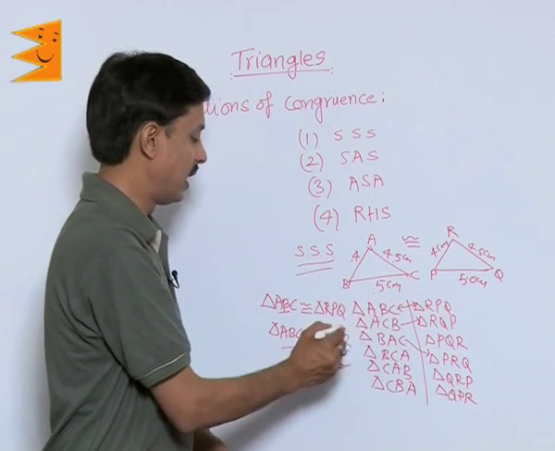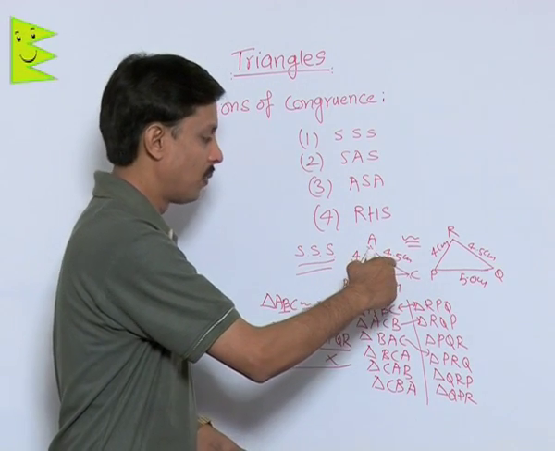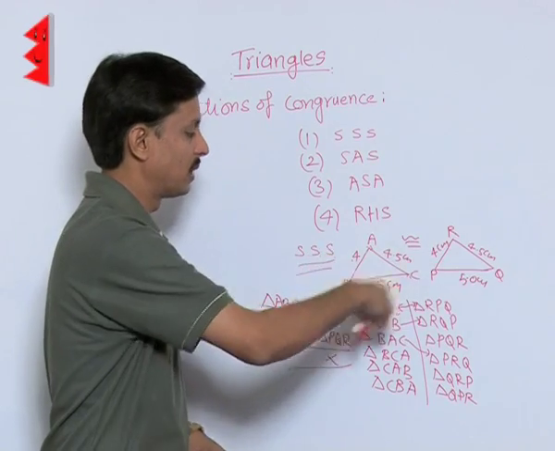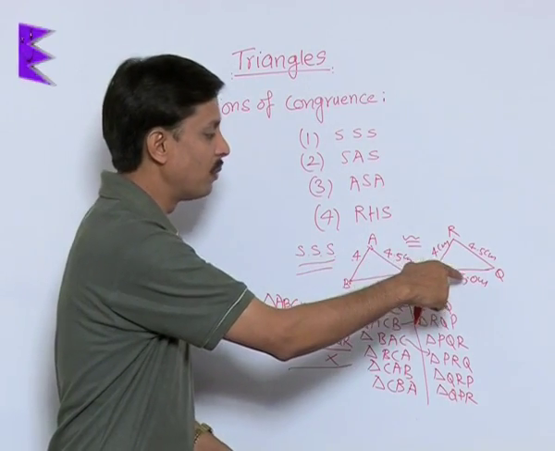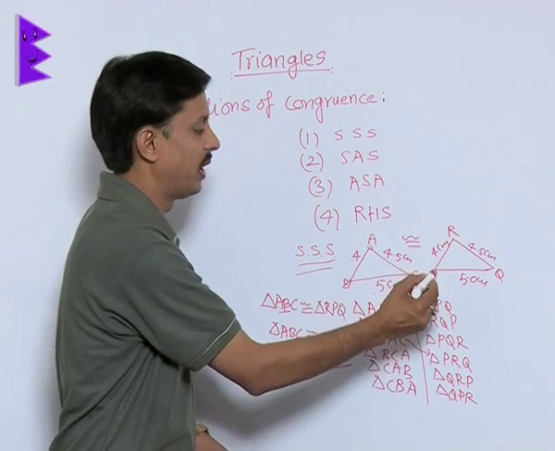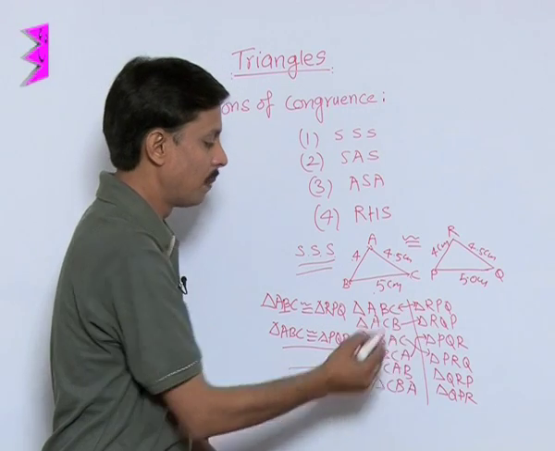Now BCA, this name, BCA goes from 5, 4.5 and 4, the order of the length of sides. So if we move 5, 4.5 and 4, it becomes PQR. So BCA is congruent to PQR.